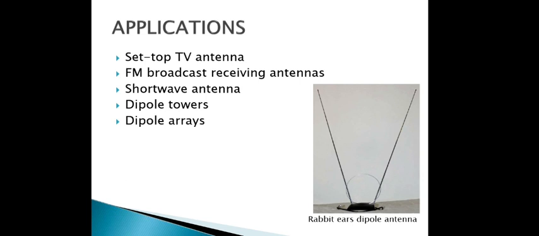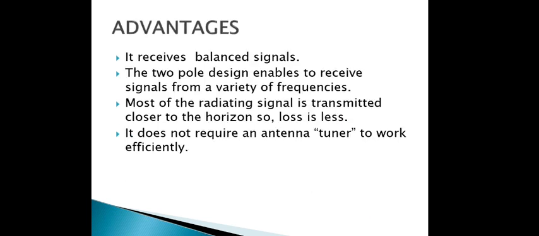This is the receiver of balanced signals. The two-dipole design enables it to receive signals from a variety of frequencies. Most of the radiated signal is transmitted closer to the horizon, so loss is less, and it does not require an antenna tuner to work efficiently.